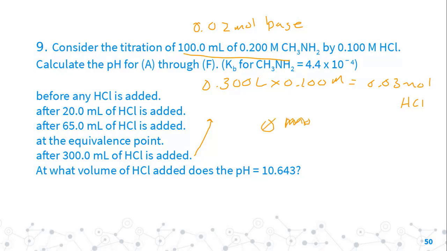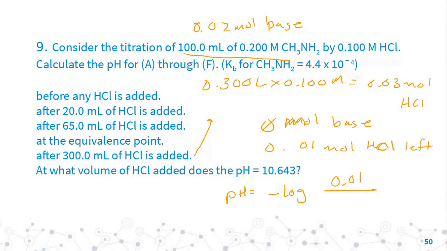Oh, it should be an M. But we'll have 0.01 moles of HCl left. So from there, we can just say basically pH is equal to negative log of the H plus concentration, so it's going to be 0.01 divided by, looks like we added 100 and then 300 milliliters, so we'll have a total of 400 milliliters.